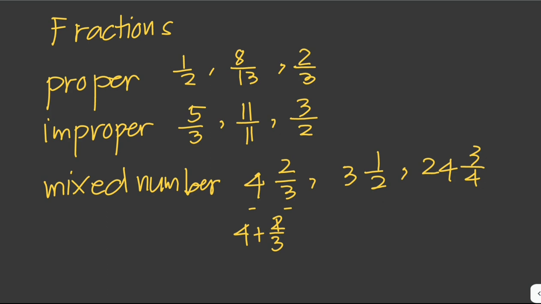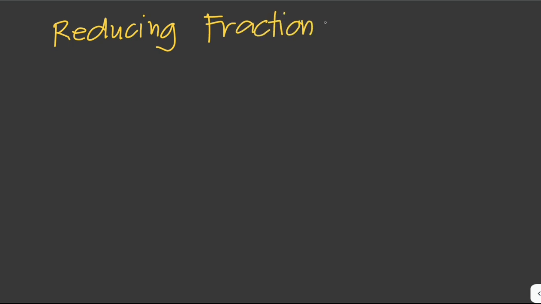You should also review how to reduce fractions. Say for example, okay, we're given here this fraction 8/24. So by looking at it, 8 and 24 are both divisible by 2 and 4. So we can further reduce this by dividing both the numerator and denominator by 4.